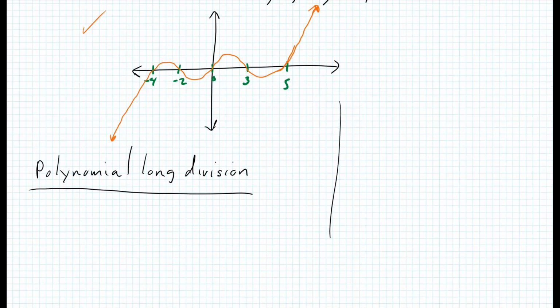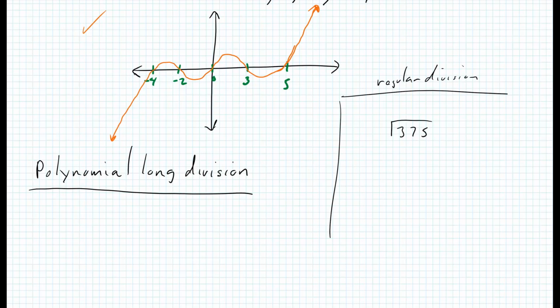When you do regular division, what can you find out? So you can go like 375 divided by 15, if you remember how to do long division. And you say, what can I multiply 15 by to get 30? And you say 2, so that's 30.